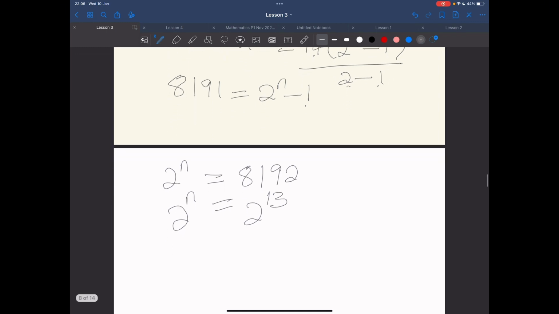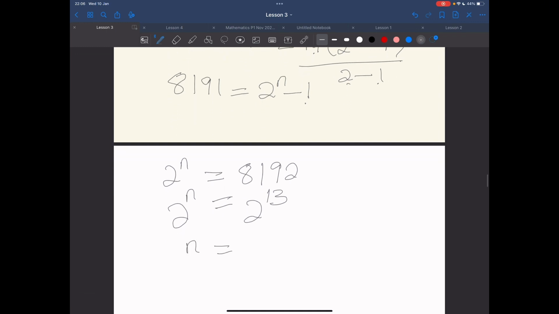In other words, n is 13. But this 13 includes the first 6 terms. So the number of terms that are added, we just take the 13 and subtract the first 6 and we get 7. So this is an easier and a faster way of doing it.